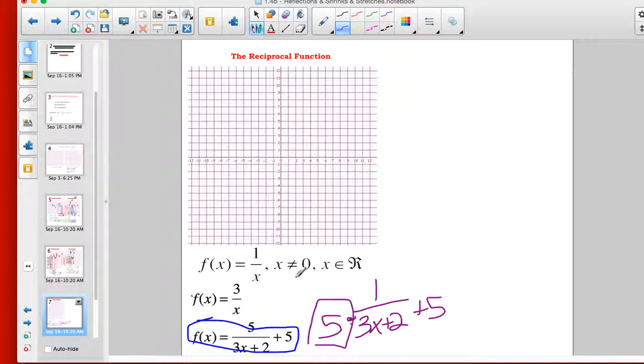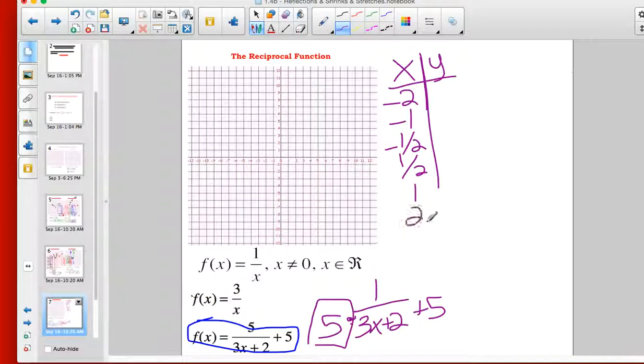So your 6 points for rational functions, there's 6 of them instead of 5 of them, or 4 of them. These are the ones you want to work with. So it's going to be -2, -1, -1/2, +1/2, and 1, and 2. Right?